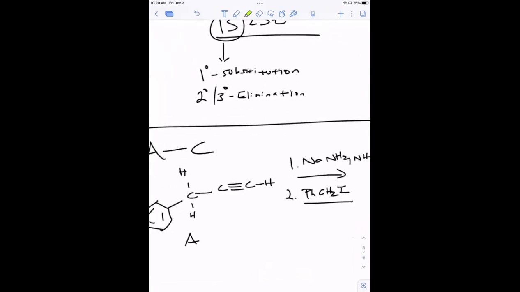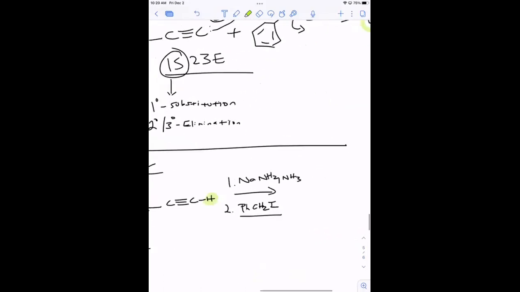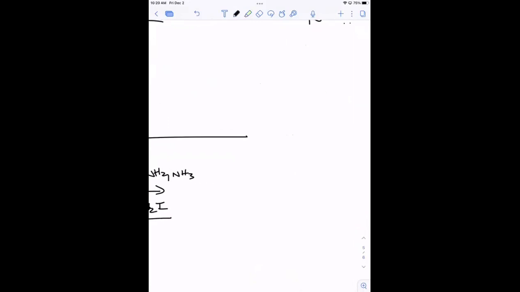Well, I'm using a base and I have this acetylenic proton right here that I'm going to pull off. So after step one, I'm going to have this. The ring isn't going anywhere.